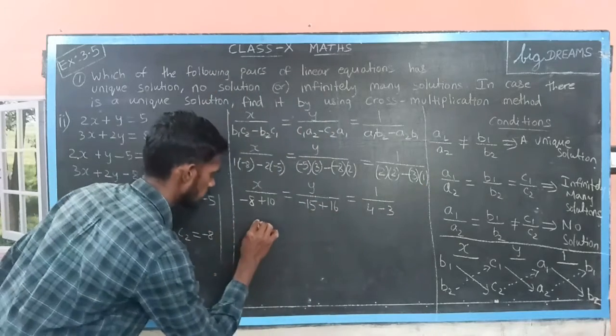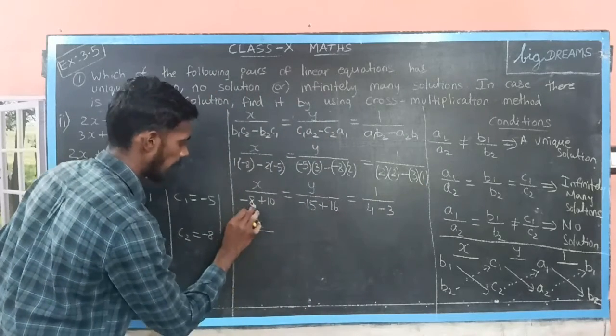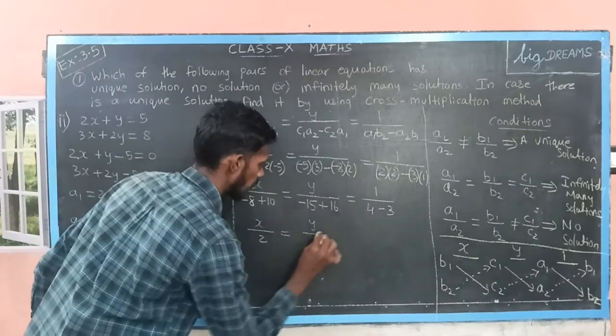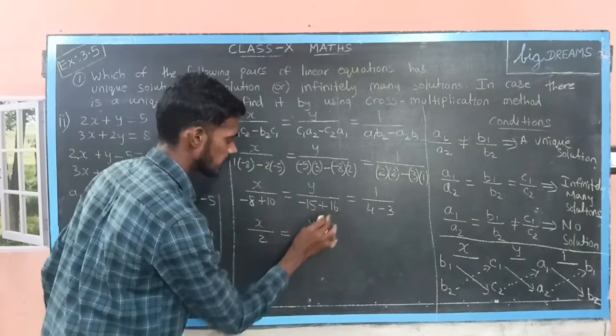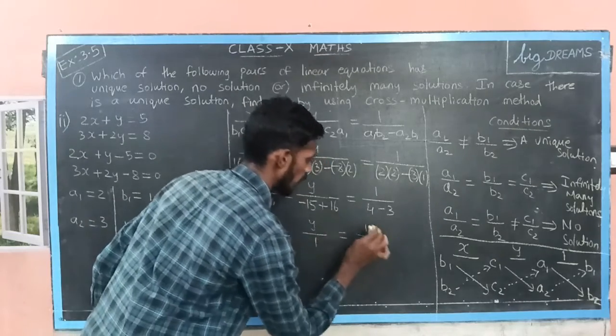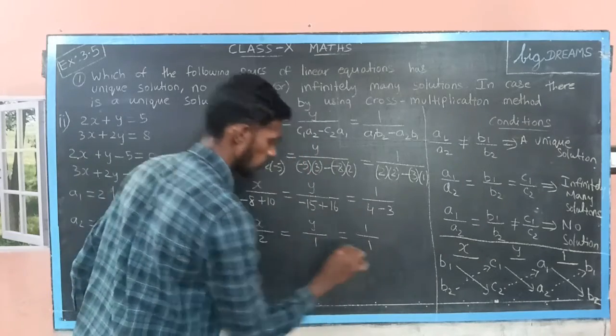Clear? So it is x divided by minus 8 plus 10 gives plus 2, then y divided by minus 15 plus 16 gives plus 1, is equal to 1 divided by 4 minus 3 gives 1.